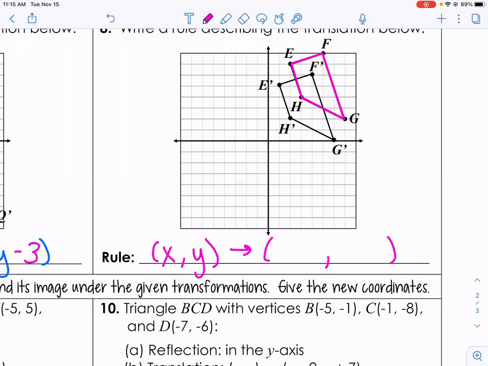Well, just like, am I moving it right or left? How many? And then up or down, how many? Okay, so left 1 and down 2. So left 1 means we're going to take x, subtract 1. Down 2 means we're going to take y minus 2.